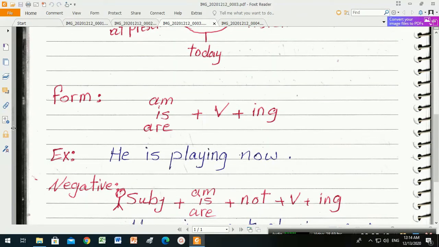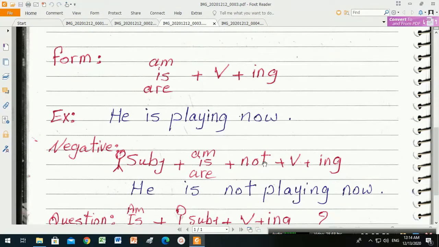The form: am, is, are plus verb plus ing. For example, he is playing now. For negative, the subject comes first and then am or is or are plus not plus the verb plus ing.